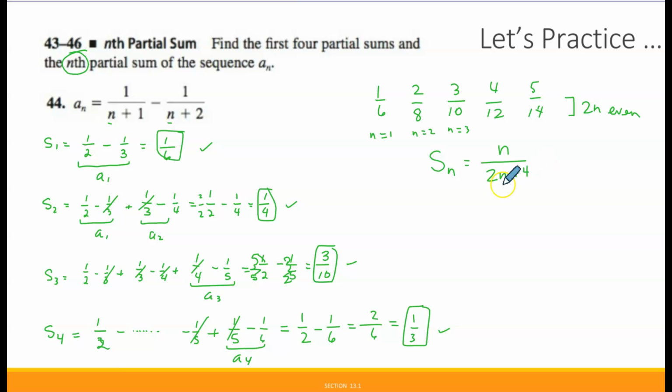If n is 3, 6 plus 4 is 10. If n is 4, that would be 8 plus 4 is 12. And so now I think that we have our denominator. And there's the formula for the nth partial sum.